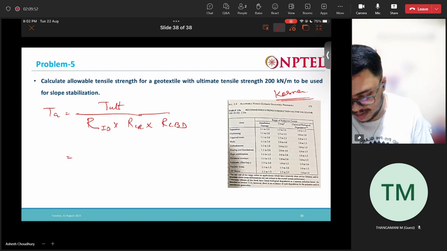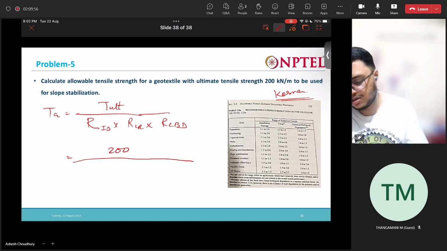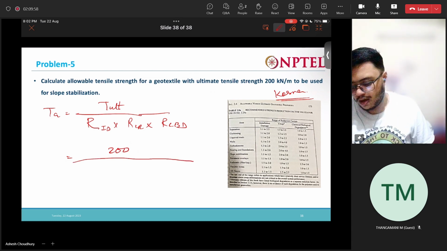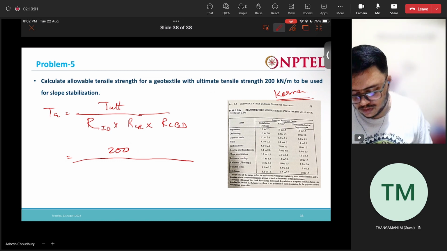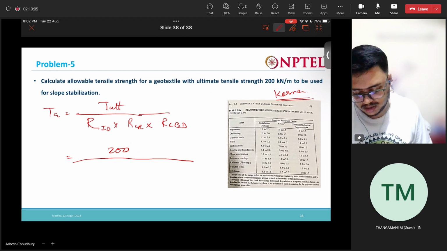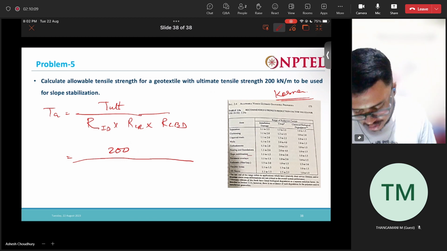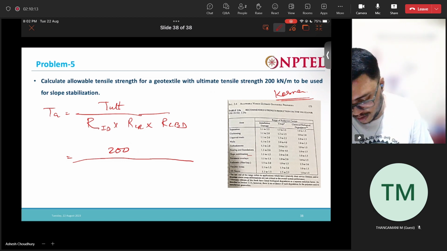So this T ultimate is 200. Now it is told to us to find it for the geotextile to be used for slope stabilization. From here you can see, for slope stabilization, the installation damage reduction factor is 1.1 to 1.5, so let us take 1.5.